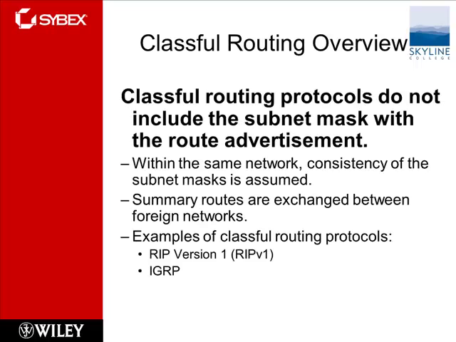Classful routing protocols, they're between classful and classless. Classful don't include the subnet mask with the router advertisement. Within the same network, consistency of the subnet masks is assumed, so that if we're on this network, we assume that everybody in this network has got a 24-bit mask because that's the way that they're masked in the building. Summary routes are exchanged between foreign networks.